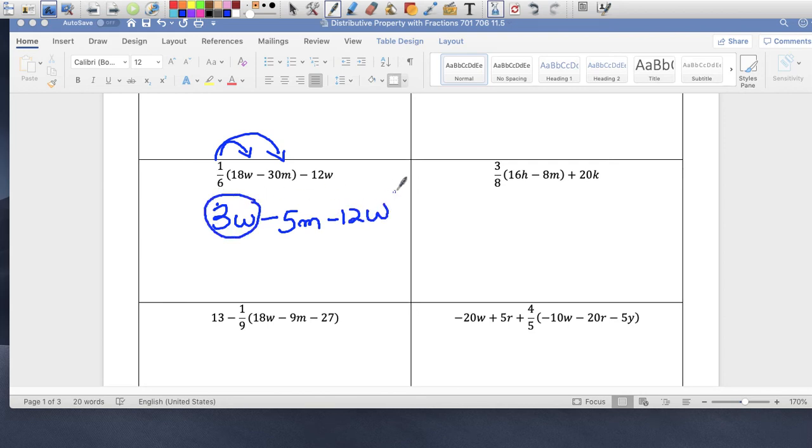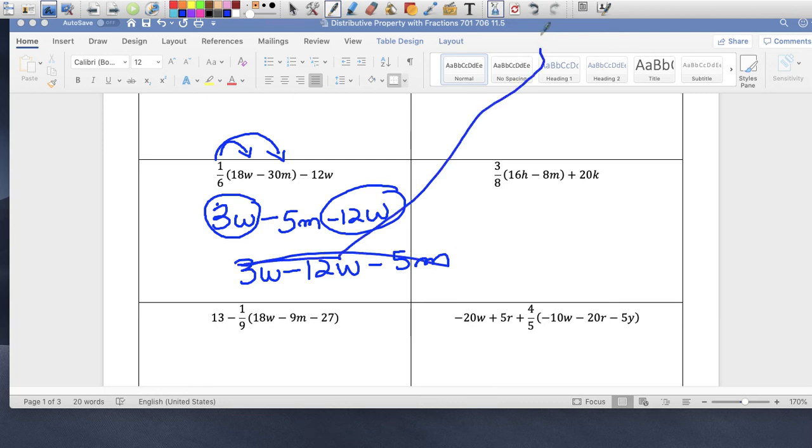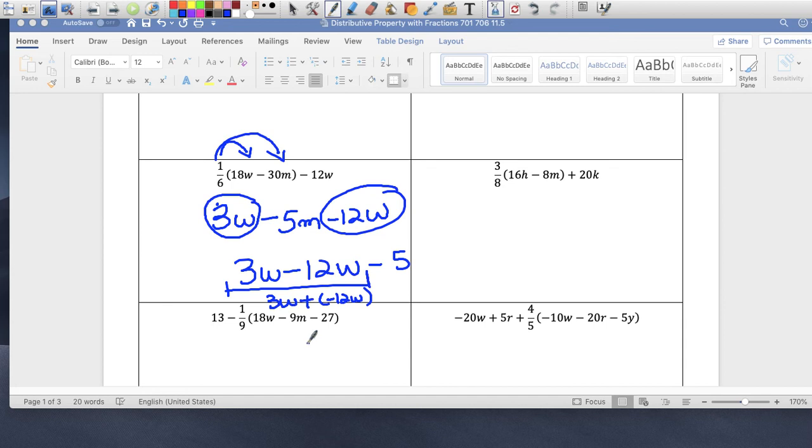Yes, this guy and this guy. 3w minus 12w minus 5m. Right, so let's combine these two. 3w minus 12w is the same thing as 3w plus negative 12w. The negatives are going to win, right? So negative 9w minus 5m.